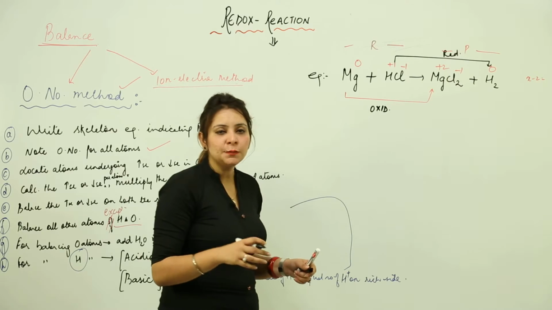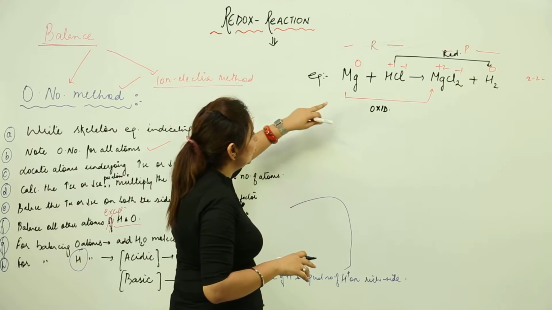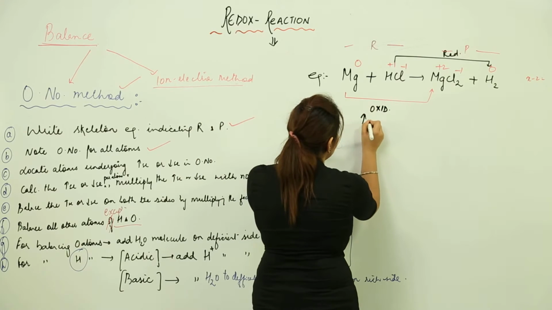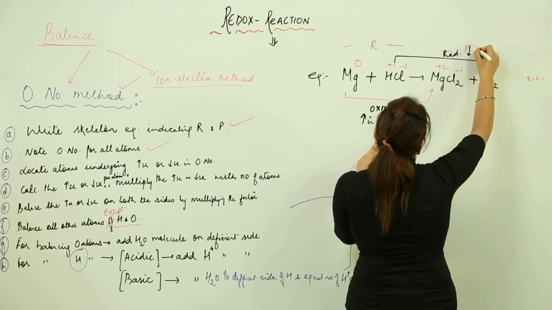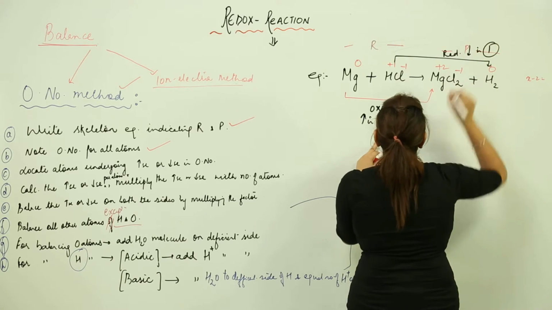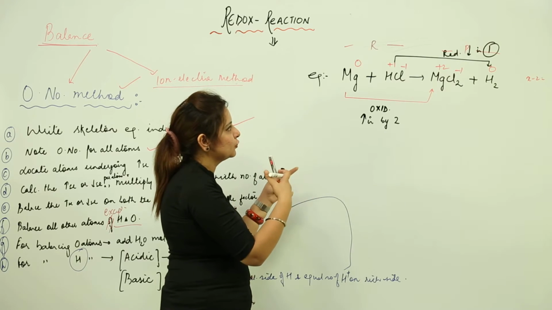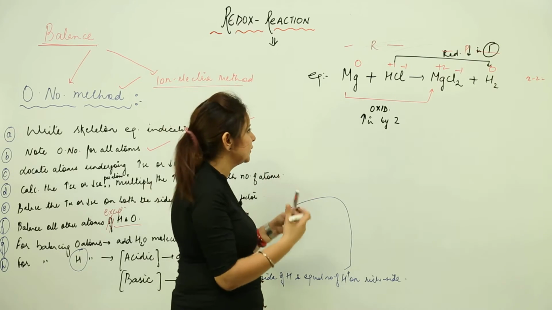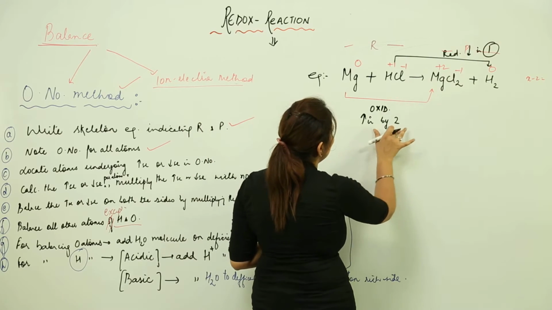So I have picked up the oxidation and the reduction. Now there is an increase in oxidation number by 2 and a decrease in oxidation number by 1. So I need to balance the total increase with the total decrease. This is 2 and this is 1.